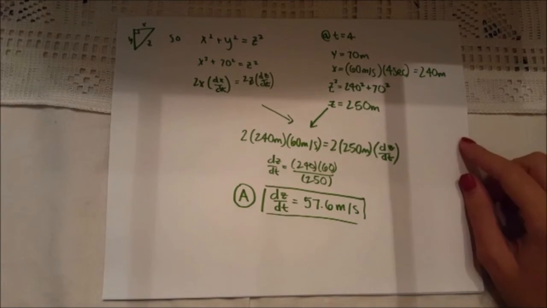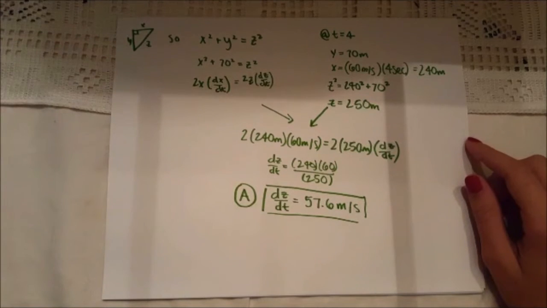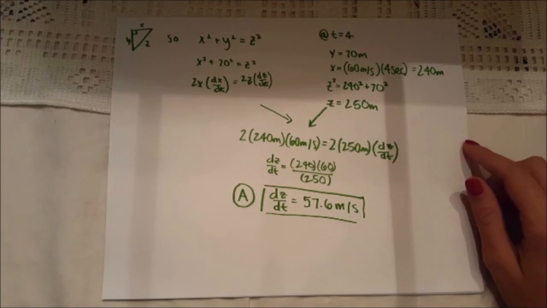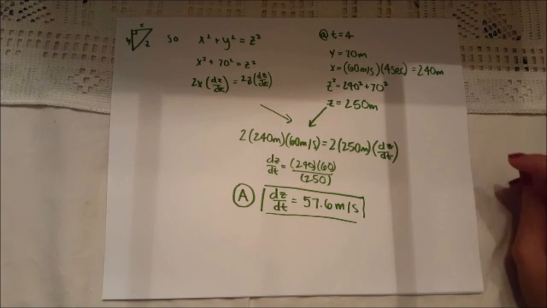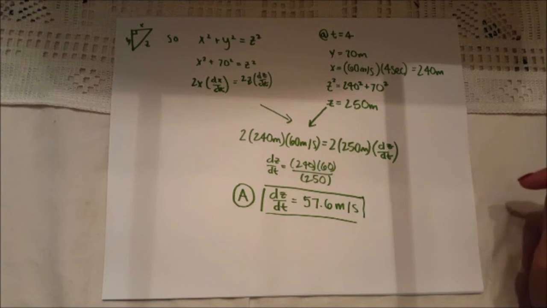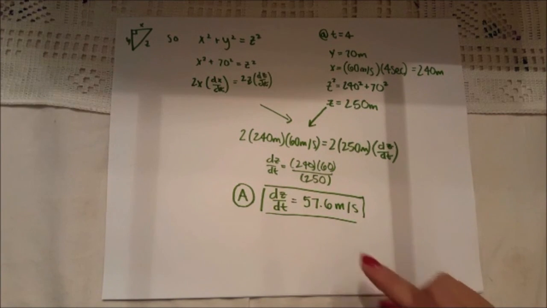Lastly, we can plug in all of the numbers using this equation: 2x times dx over dt equals 2z times dz over dt. And we get 2 times 240 times 60 equals 2 times 250 multiplied by dz over dt. Then when we plug all of those in and solve, we get 57.6 meters per second, which is A.